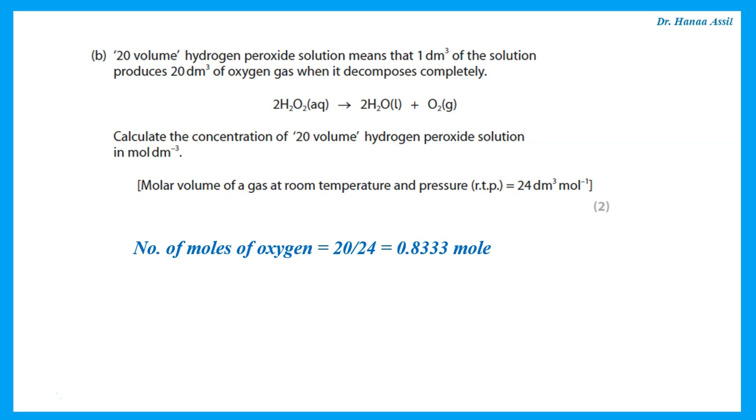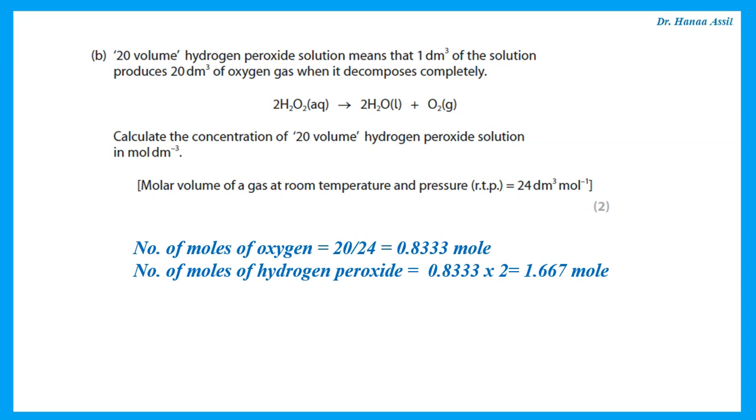This gives us the number of moles of oxygen formed. And that means from the equation, I can get the number of moles of hydrogen peroxide. The equation shows that if I have 2 moles of hydrogen peroxide, it gives 1 mole of oxygen. So how much will give this number of moles of oxygen? So you multiply by 2.